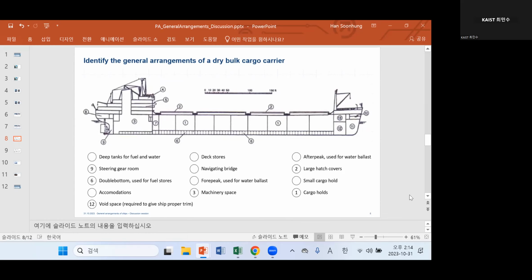Next to navigating friction X, where do you think that is? Yes, yes. So I guess because we are running out of time, I'll just show the solution.